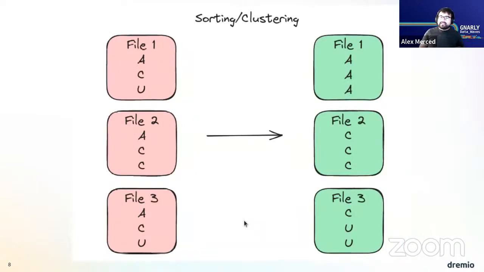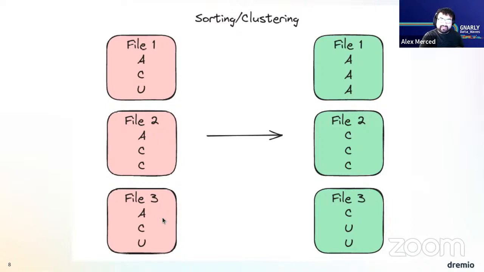Now within those files, I may want to practice sorting and clustering. So right here, let's say we have 3 Parquet files, and this is a field that we filter on. This is a particular column that we filter on the values they have. So let's say I'm running a query to scan for all the records where the value is A. Before we did any sorting and clustering, there was at least one record that had a value of A in each file.